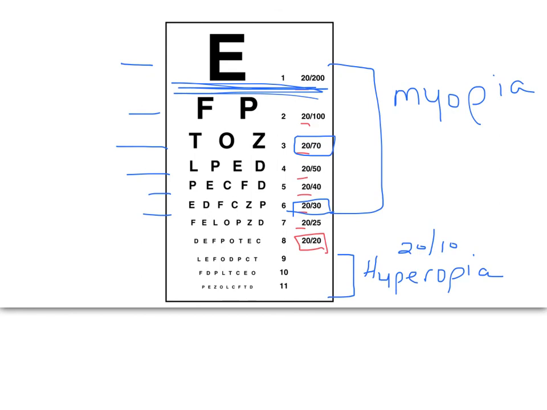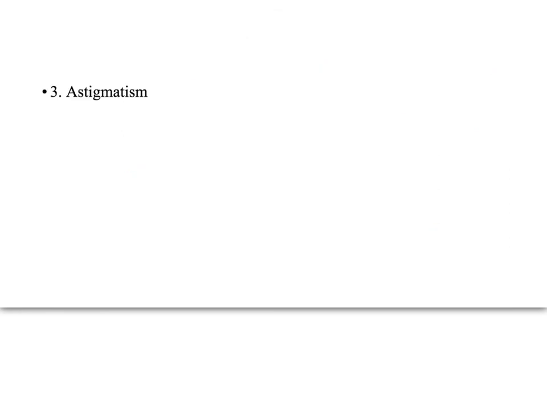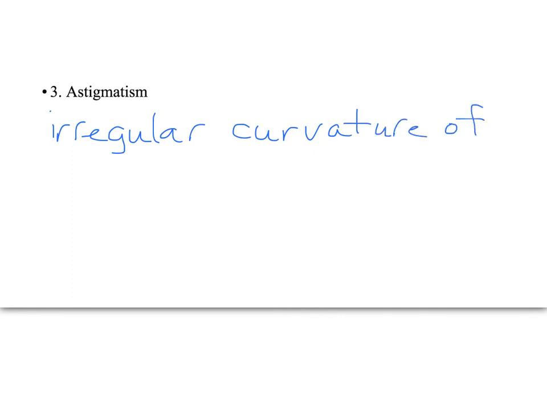But someone with normal vision could keep backing up to 200 feet away and they could still see that E. Now, if someone has an astigmatism, that's going to be an irregular curvature of the cornea, or sometimes the lens.